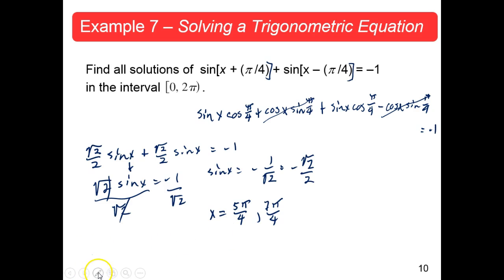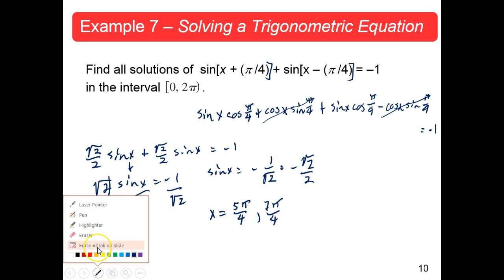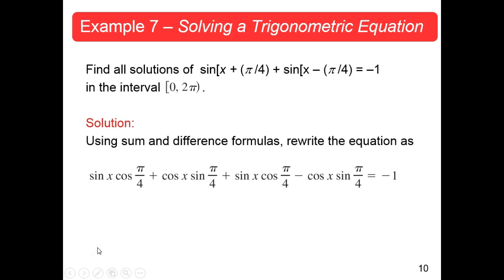Let's see if they did it any differently. All right, to erase. Okay. Using the sum and difference formula, we rewrite the equation up above to be that, which is just like we rewrote it. They didn't evaluate that. They notice that these 2 go out and that you have 2 sine x times the cosine of pi fourths equal negative 1.